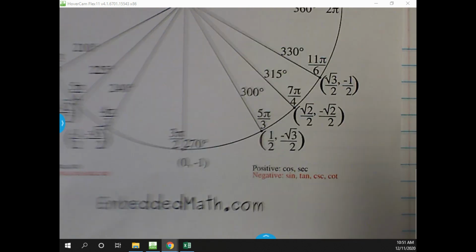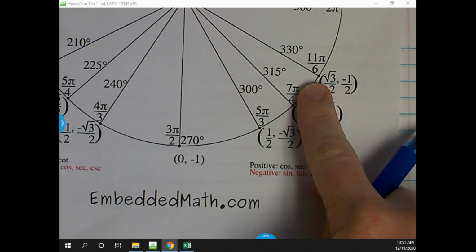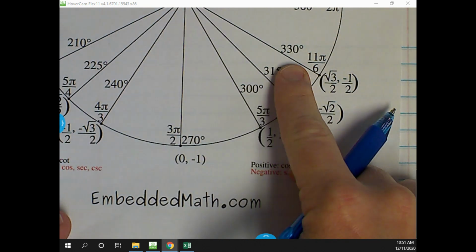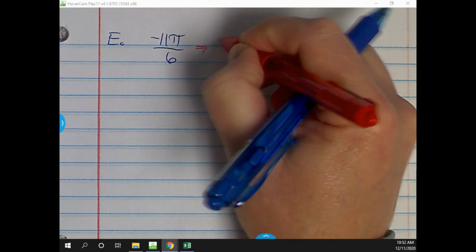Okay, here's what you're going to do. Kind of like we did before, we're going to go back to your unit circle, find out that 11 pi over 6 will basically be the same thing as 330 degrees. So it's negative 11 pi over 6. That's the same thing as negative 330.